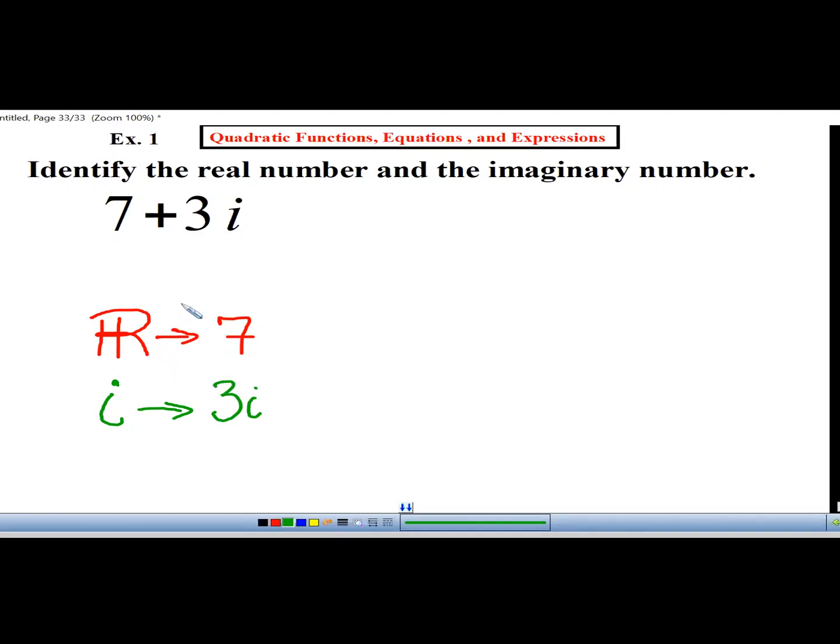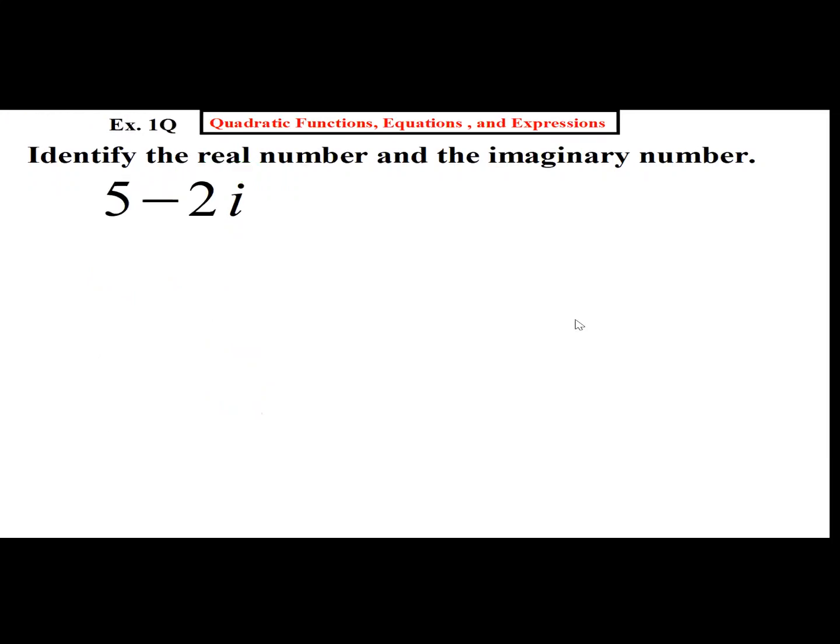For the next one, guys, I just wanted to write it down here so you guys can see it. But for the next one, to save time, you can do this. Label it like so and like so. Okay, here we go, just to save time. Example 1Q, copy this. 5 minus 2i. And identify the real number and the imaginary number.